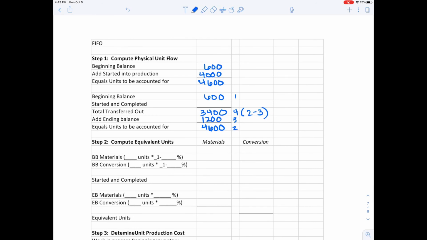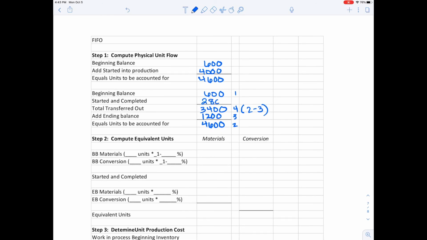Which means I also know that my started and completed must be 2,800. Because I know that 4 minus 1 has to fill that spot. This is also where that beginning inventory plus what was started is what we're starting with there.